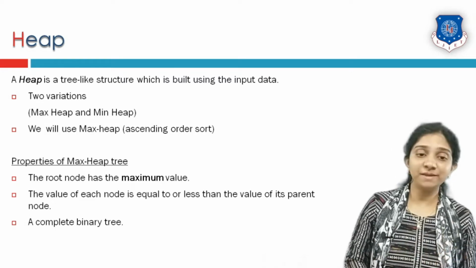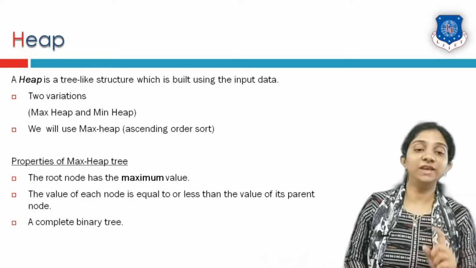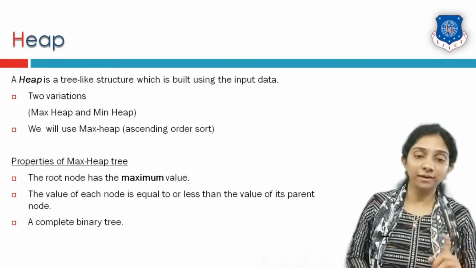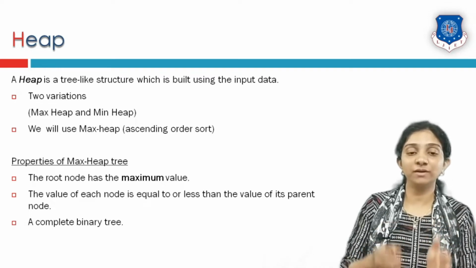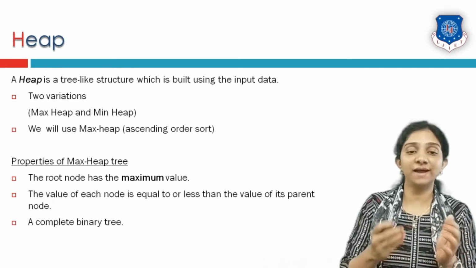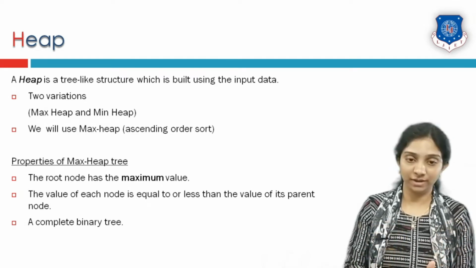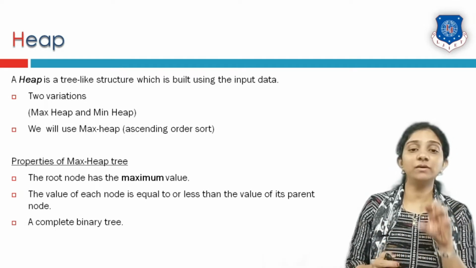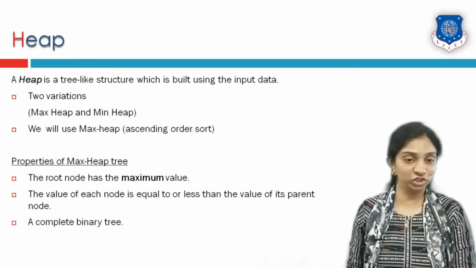Now what is a complete binary tree? Every node must have either 0, 1 or 2 children. If a node has no child, it is itself a leaf. If a node has only one child, that must be the left child.